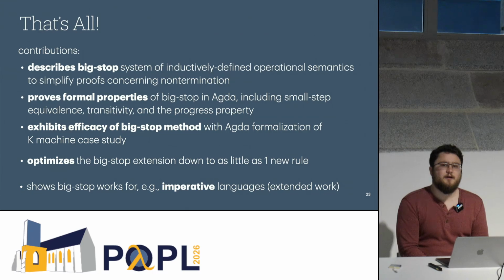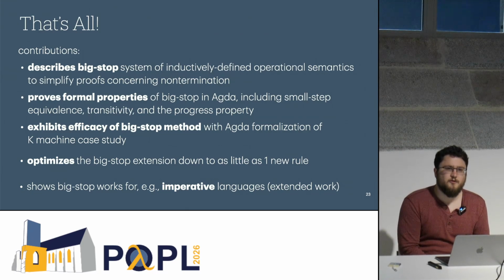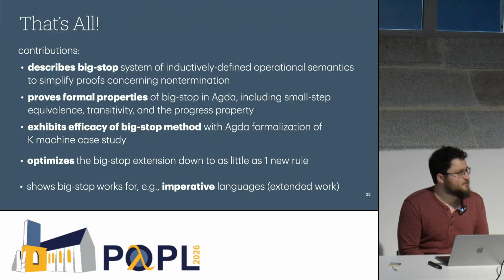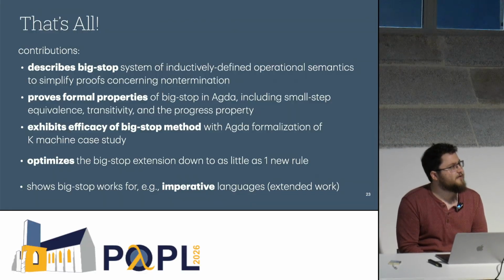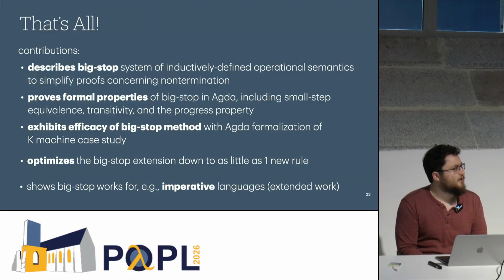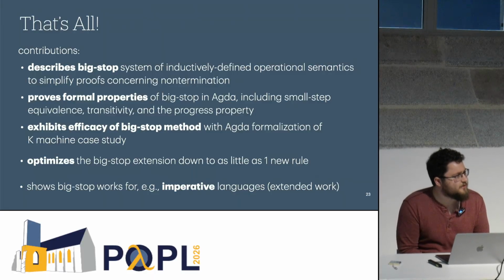So for the theorems that we have proved for the K machine, we don't have any statefulness, but when we show in some of the extended work how to extend this to, for instance, an imperative language, then we do have state. I'm not sure if that's exactly what you were asking.